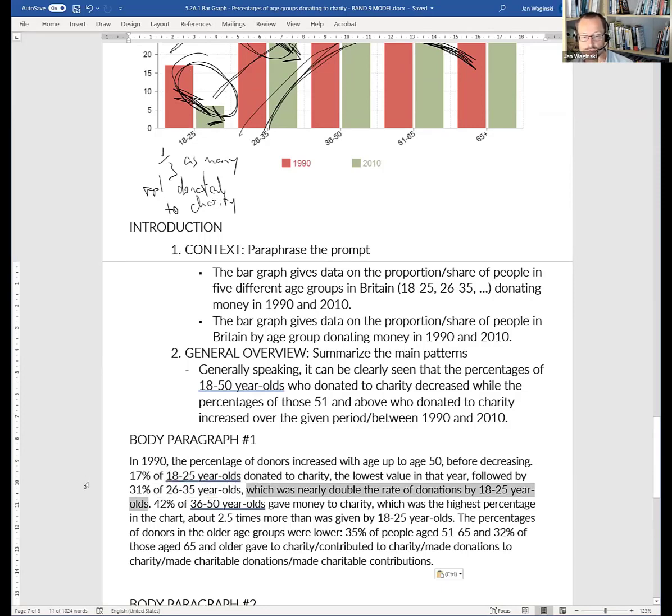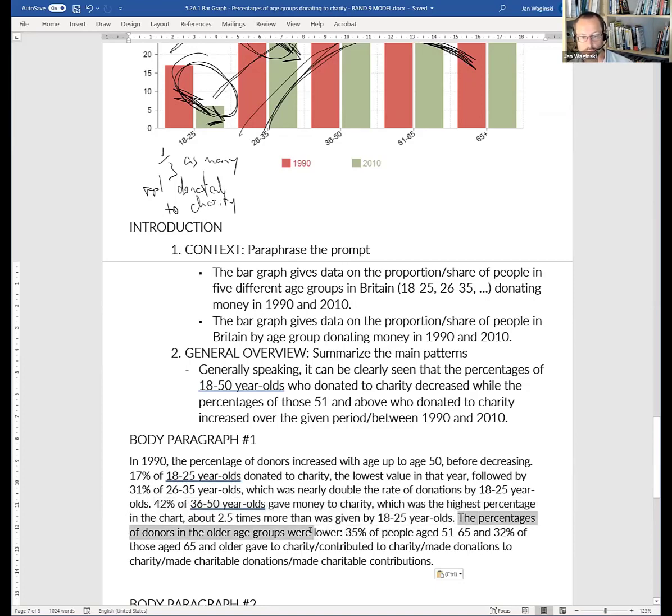And notice again, I'm not talking about the money, just the rate of donating money. 42% of 36 to 50-year-olds gave money to charity, which was the highest percentage in the chart, about 2.5 times more than was given by 18 to 25-year-olds. Again, I've just chosen to use 18 to 25-year-olds as the basis of my comparison.